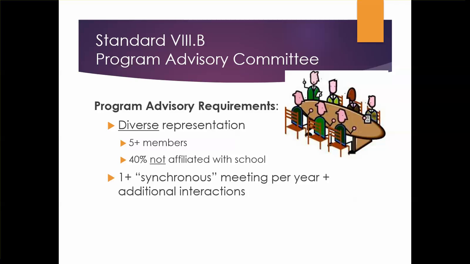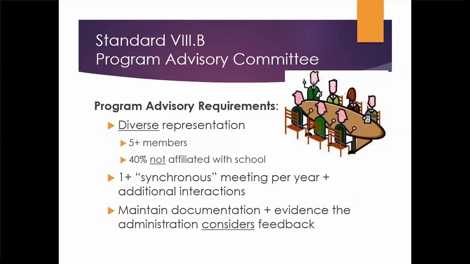You can use technology, Skype, conference calls, GoToMeetings, and the like, as long as everyone is getting together at one time to discuss some things. And then email chains and phone calls to 1 or a few members can happen outside of that. So a minimum of 1 meeting a year. And then you should be maintaining documentation of these meetings, as well as evidence that you're considering the feedback so that the information that comes in the meetings is going somewhere.